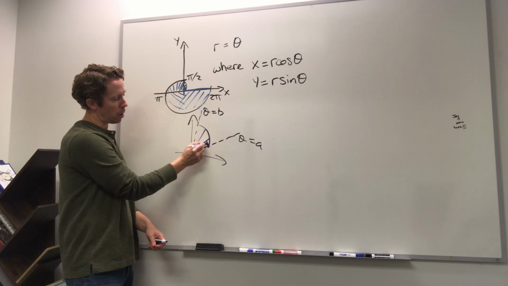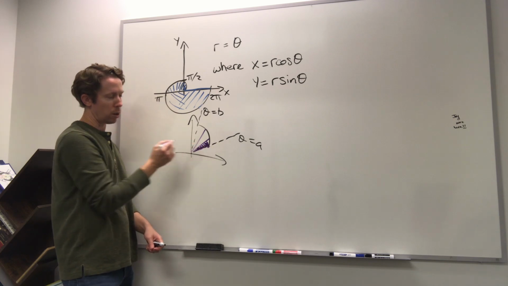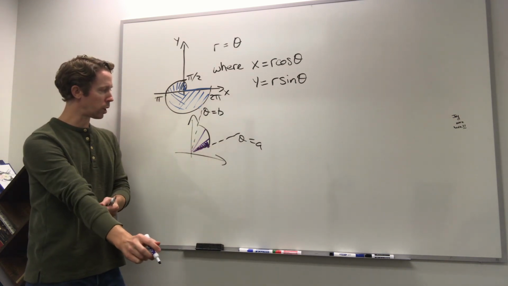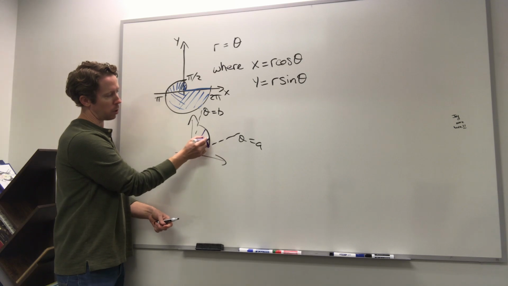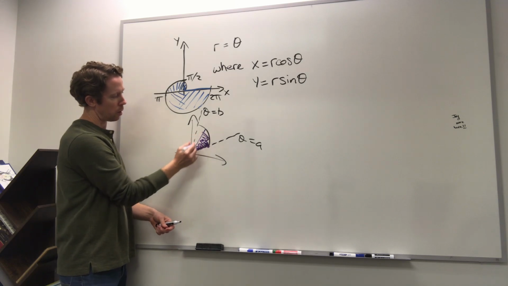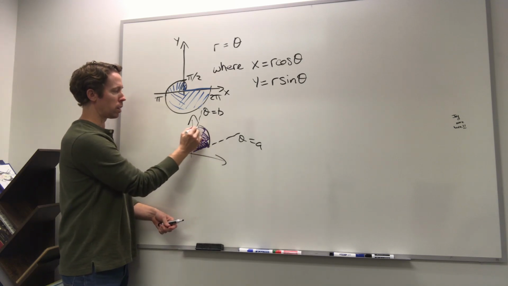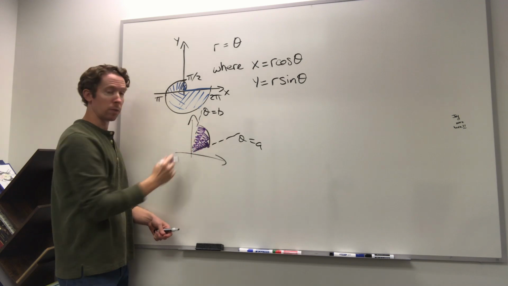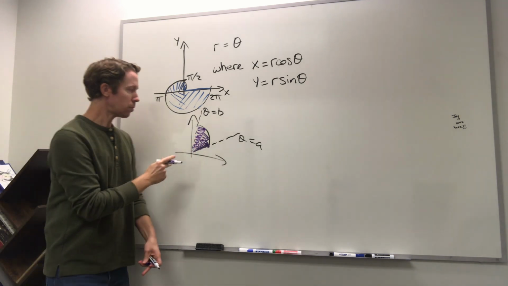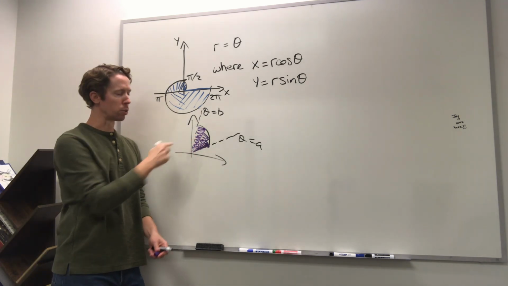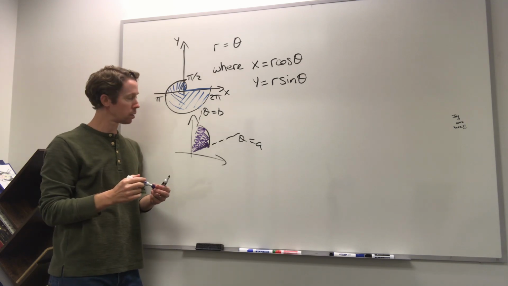And I'll be able to calculate this area nicely with the good old formula from trig. Then my second piece will look like this, and my third piece will look like this. That will give me a good approximation. I'll get better approximations if I use more pieces but use the same process.